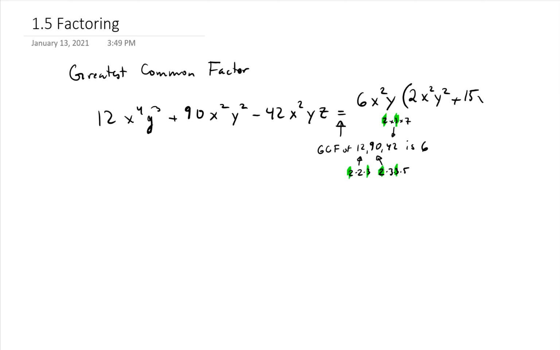I take out one factor of y, so I'm left with 15y. 42, I'm left with a 7. x squared is gone, y is gone, z remains. Okay, and then you could try to see, can I factor this some more using some other technique? But here we're going to stop. So that's the greatest common factor.